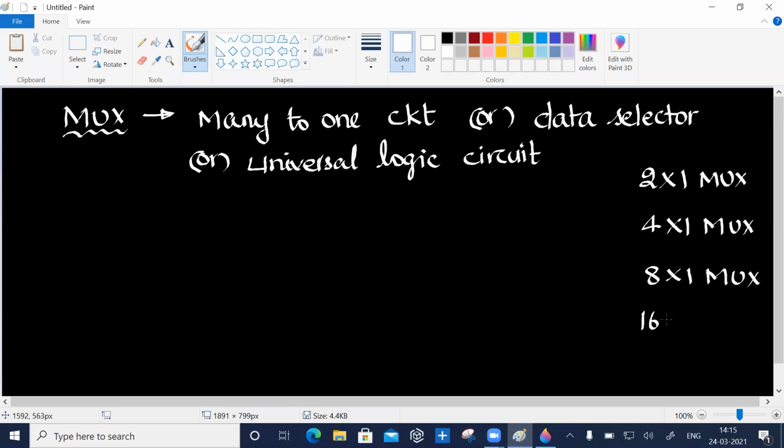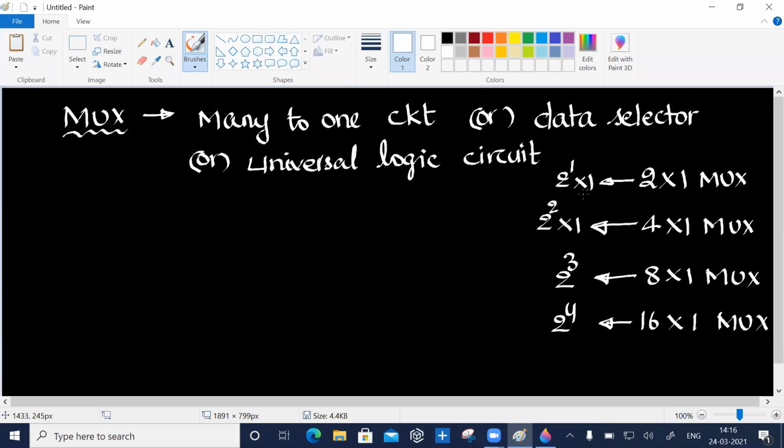By this time you could have captured the reality. You don't have something like 3 by 1 mux or 5 by 1 mux or 7 by 1 mux. So what are we seeing here? This is like 2 power 2 by 1, which is 4, and this is like 2 cube, and of course you have 2 power 1 by 1.